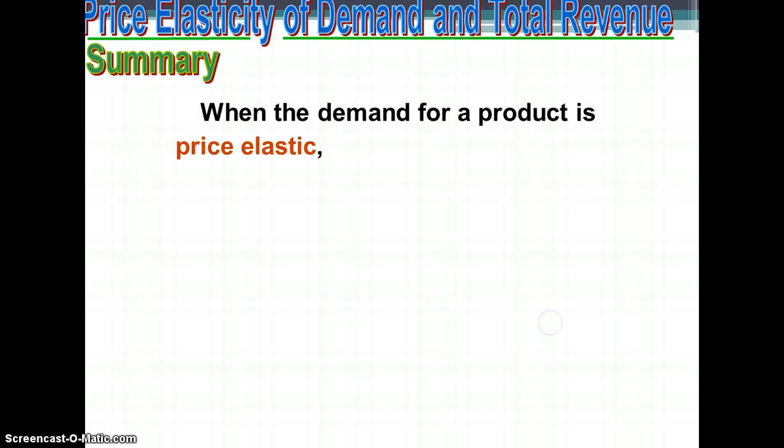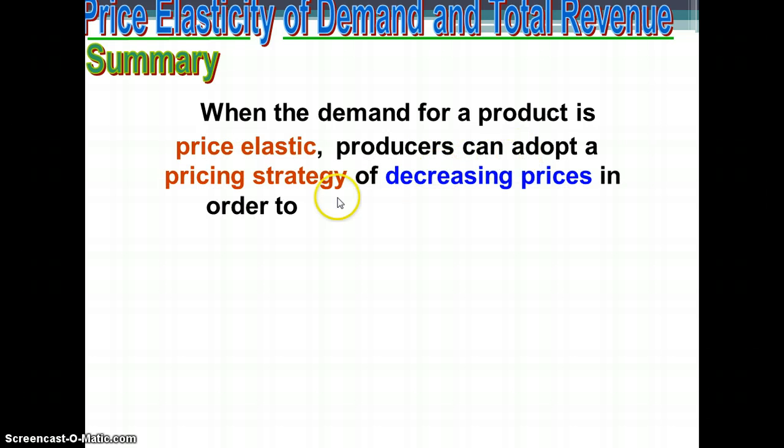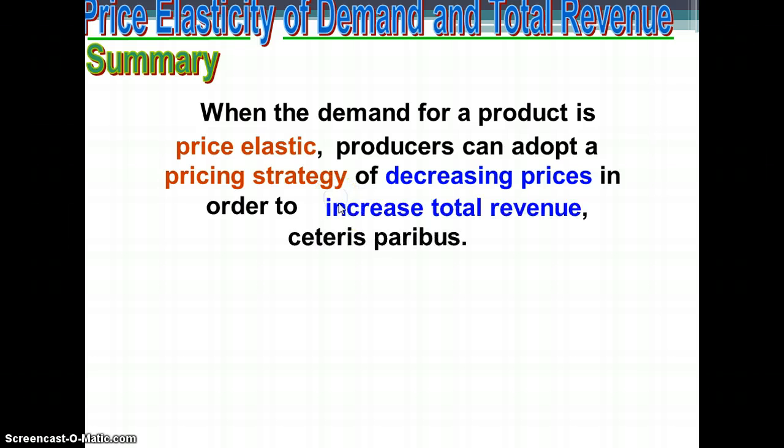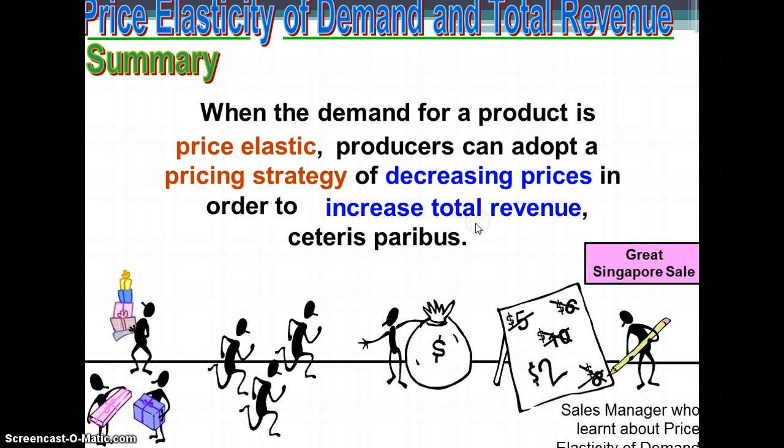So to summarize, when the demand for a product is more price elastic, the producer can adopt a pricing strategy of decreasing prices in order to increase the total revenue, ceteris paribus. What we often see in the month of June in Singapore is the Great Singapore Sales.